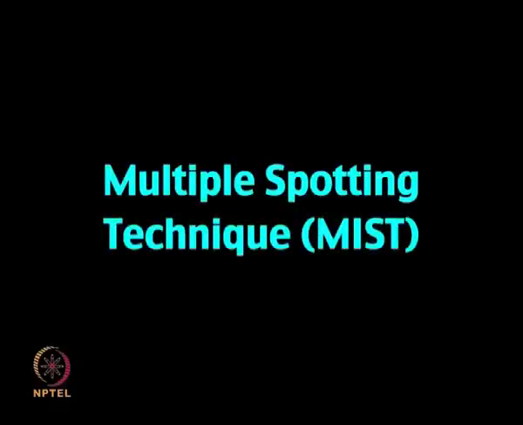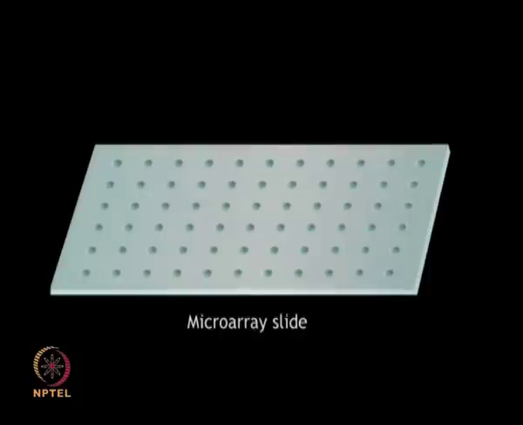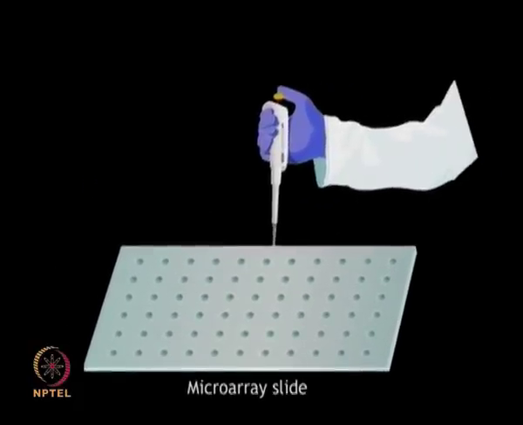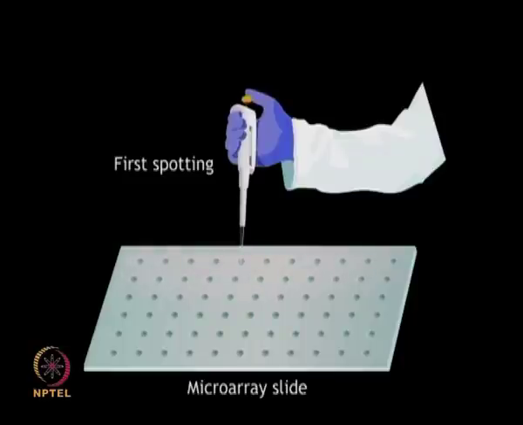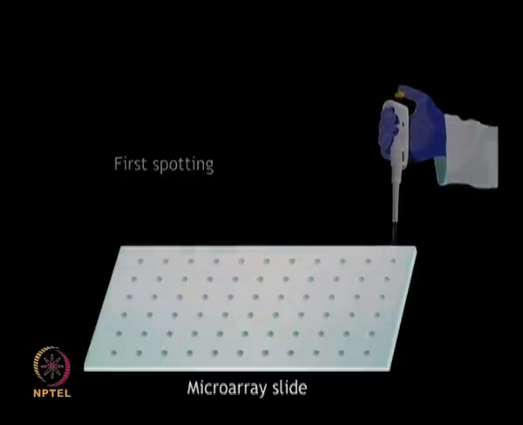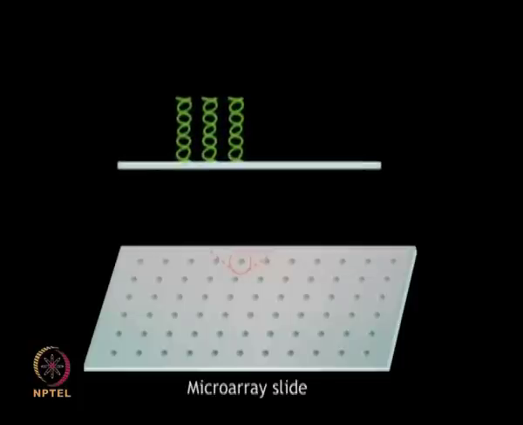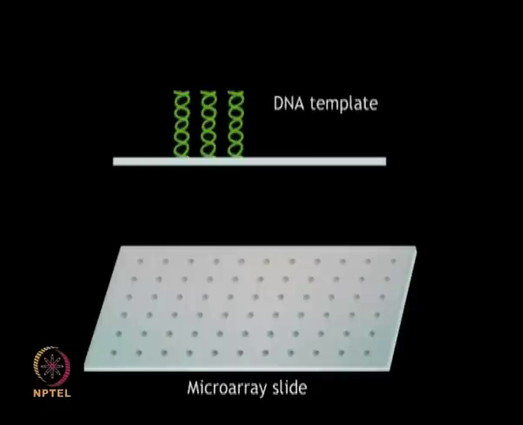Multiple spotting technique, or MIST. In this technique, the first spotting step of the multiple spotting is capable of producing high density arrays. It involves addition of template DNA onto the solid array support.